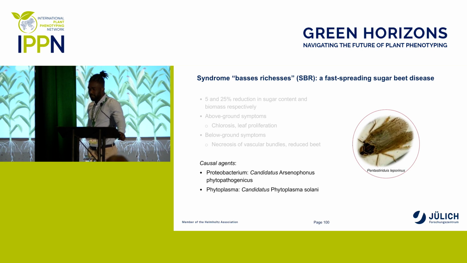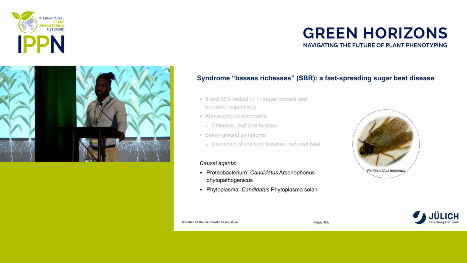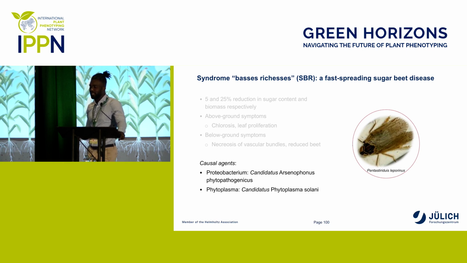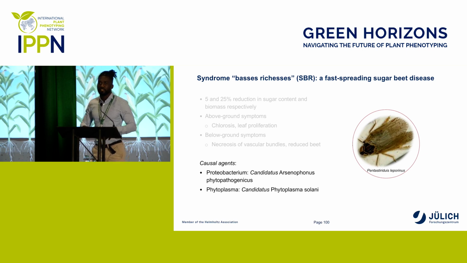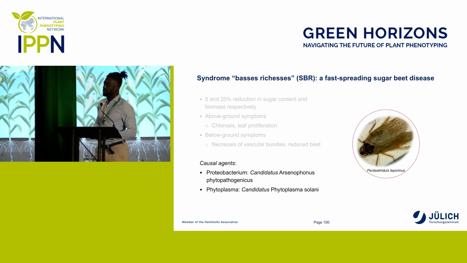This disease is caused by two main so-called phloem-restricted plant pathogenic bacteria. The first one is the proteobacterium Candidatus Arsenophonus phytopathogenicus and the phytoplasma Candidatus Phytoplasma solani. So this disease is a so-called vector-transmitted disease.